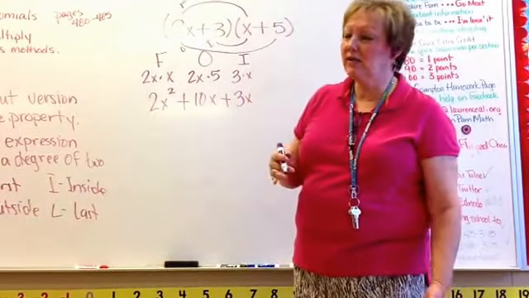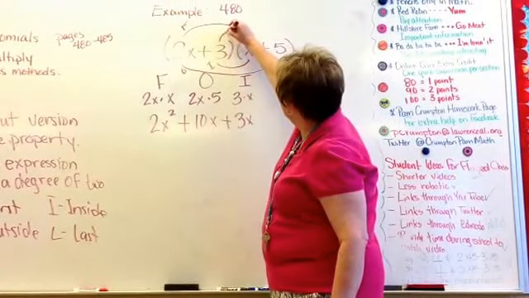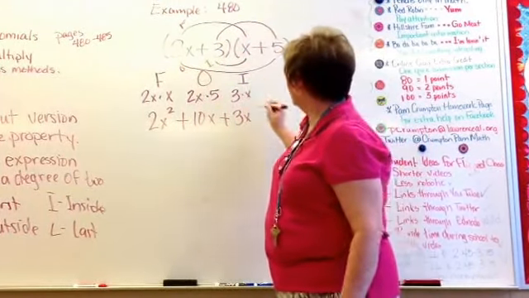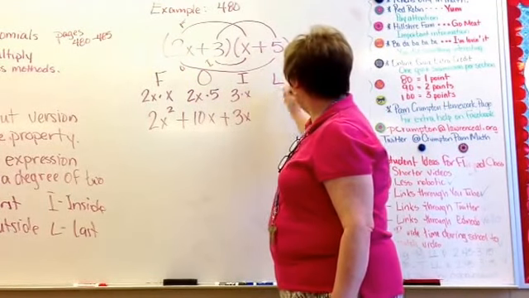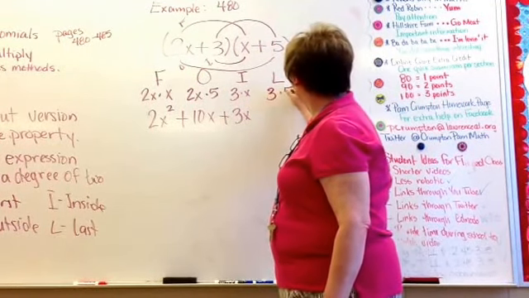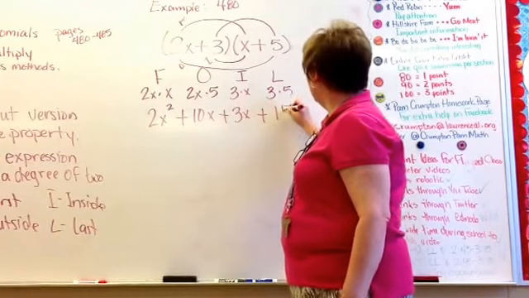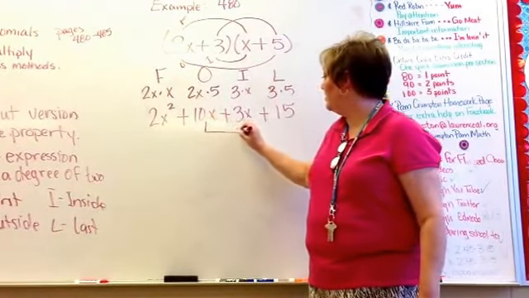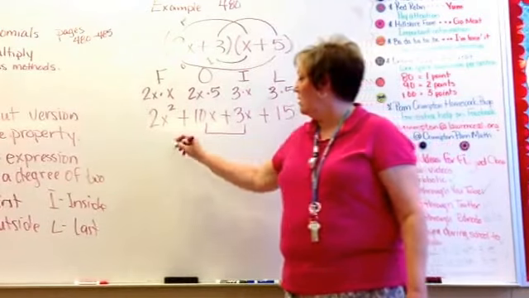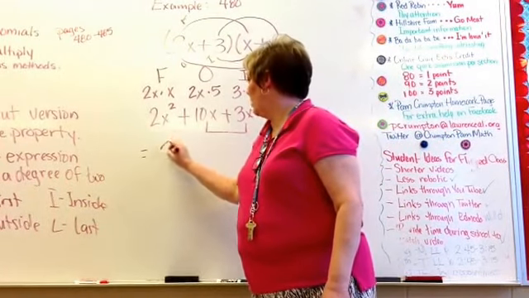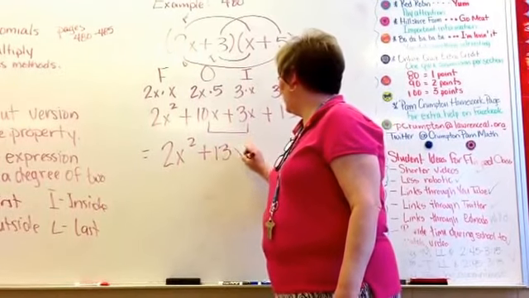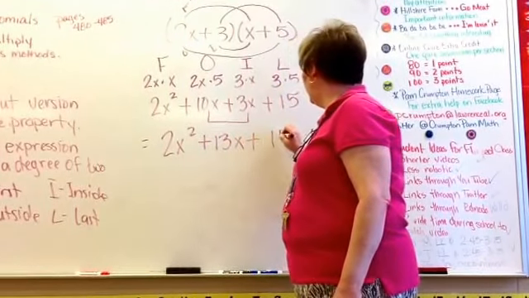And then your last terms are going to be the last two terms in the binomials. 3 times 5, and that is 15. Now remember that we are going to need to combine our like terms when we have like terms. Our answer for this problem, 2x squared plus 13x plus 15.